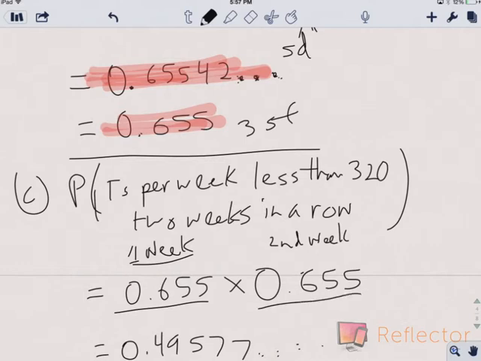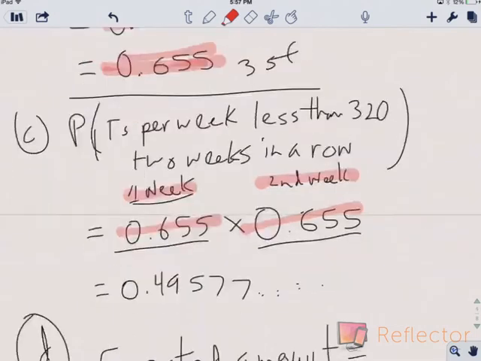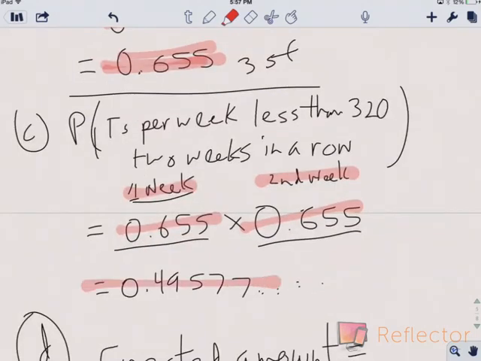Then we can multiply 0.655 times 0.655: the probability of it happening in the first week times the probability of it happening in the second week. The result of that is 0.49577..., and that again is sufficient accuracy as long as you put the dots on the test. Okay, I'm going to stop here, and I'm going to do problems D through F in the second video.